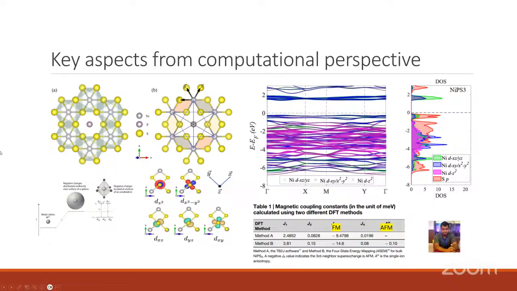Here I put an example, also for an MPX₃. If you look at the lattice structure more carefully, as I show in this figure, this is a single layer structure. The transition metal ions form almost a perfect honeycomb lattice without any strain or pressure.